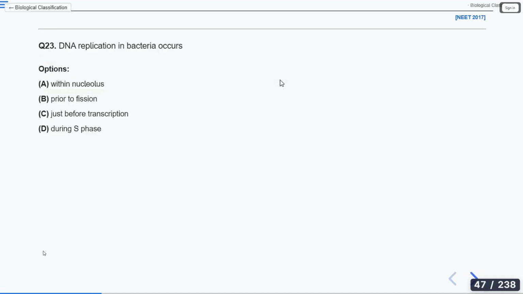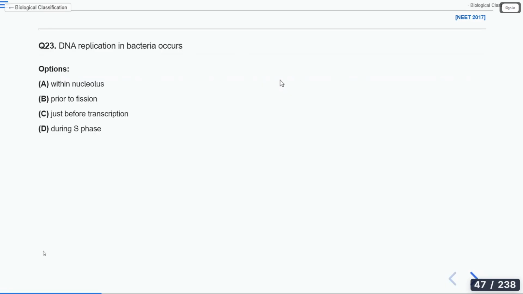Next question. DNA replication in bacteria occurs within nucleolus, prior to fission, just before transcription, during S phase. Prior to fission.